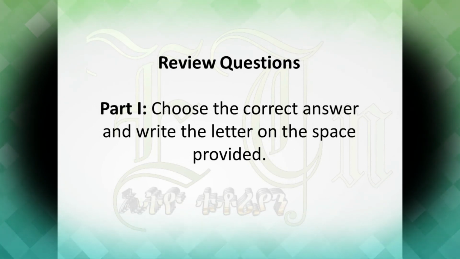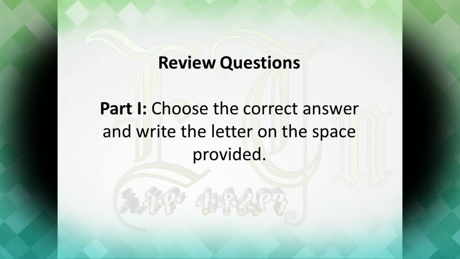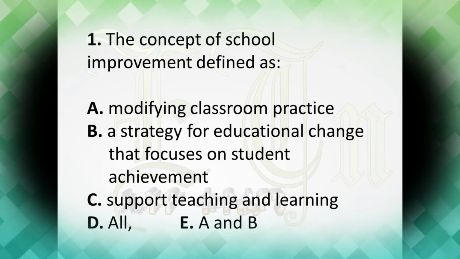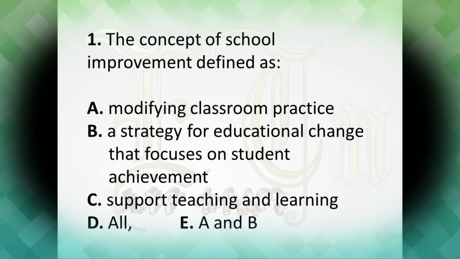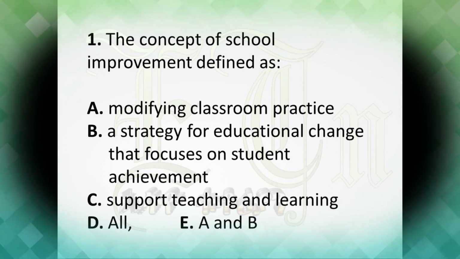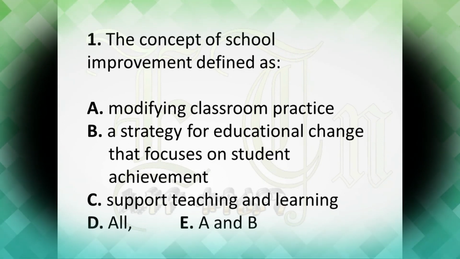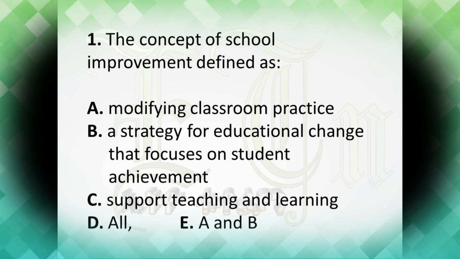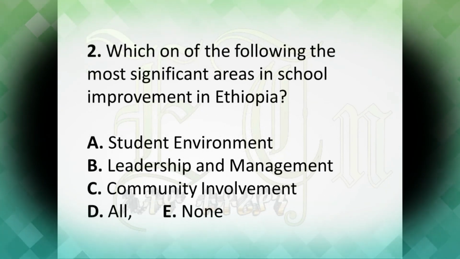Review questions. Part 1. Choose the correct answer and write the letter on the space provided. 1. The concept of school improvement defined as: A. Modifying classroom practice, B. A strategy for educational change that focuses on student achievement, C. Support teaching and learning, D. All, E. A and B. 2.